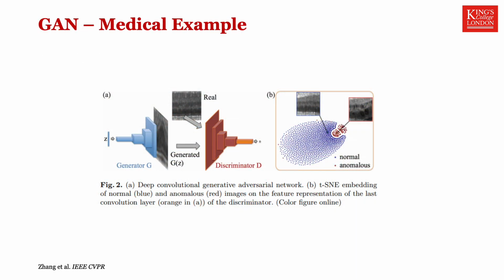So GANs in a medical setting have been used quite extensively, and the reason is because generative adversarial networks can generate synthetic data that looks like it's real, which means if we have a very good generative model of imaging data, we could then create, in theory, an infinite amount of data.